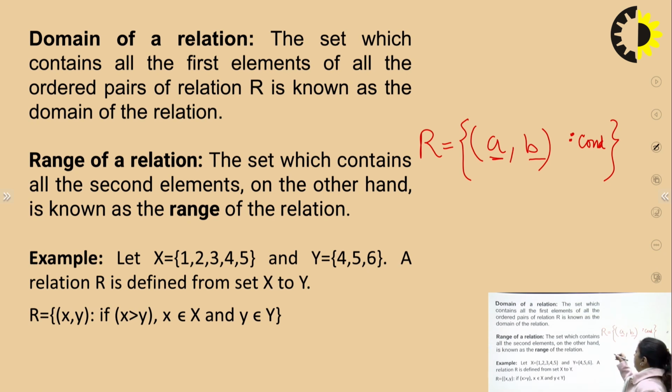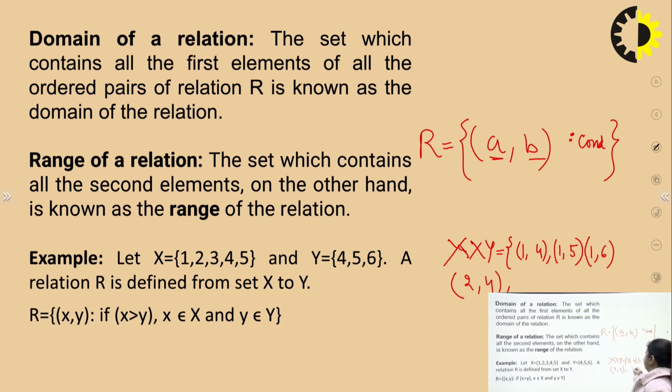So first I'll write X cross Y. So my X cross Y will contain (1, 4), (1, 5), then (1, 6). Then it will also contain (2, 4). Now this is Cartesian product. These are not the elements of the relation. First I am writing down the Cartesian product, then we will see that out of all these elements what will be contained in R. So it will have (2, 5), then (2, 6).